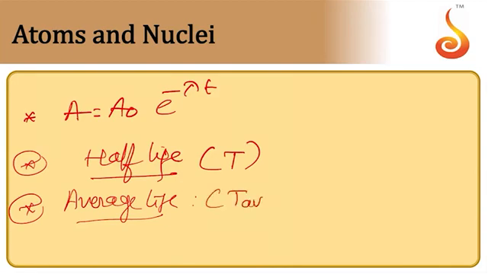This T average is actually given by 1 by lambda. And half-life is given by 0.693 divided by lambda. So T average is given by this particular equation, 1 by lambda.